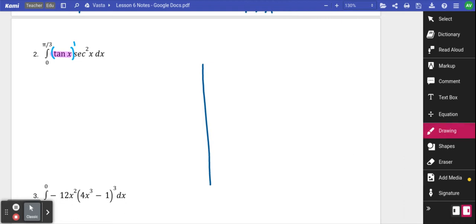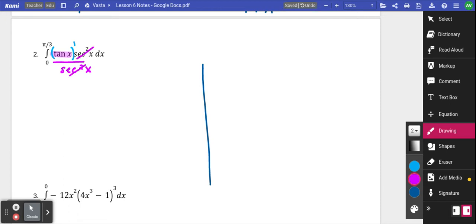The next step of what we talked about in class is that once you've identified the outside and the inside function, you just divide by the chain, which would be the derivative of the inside. The derivative of tangent is secant squared of x. So those two parts of the problem would cancel out. And if I go ahead then and take the antiderivative of the outside, if I started with something to the positive 1 power, the antiderivative would be to the positive 2 power.